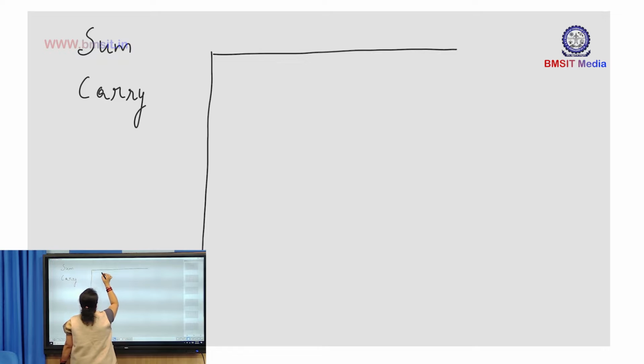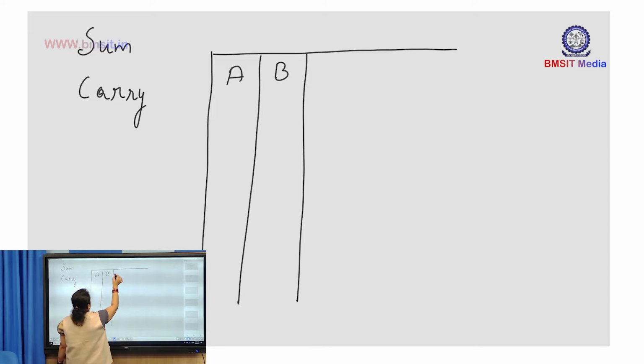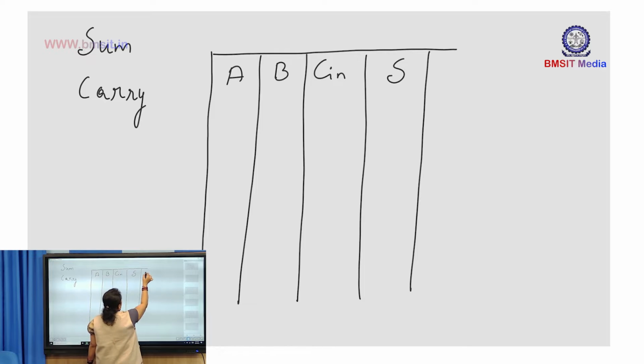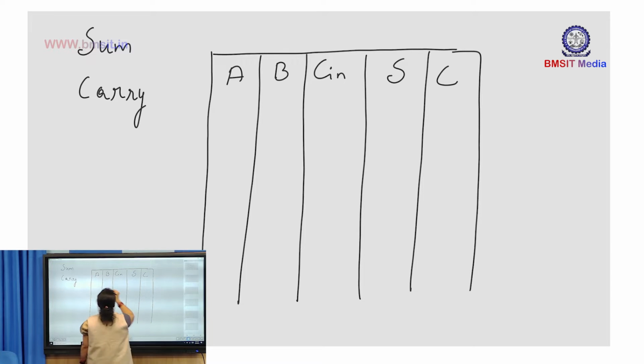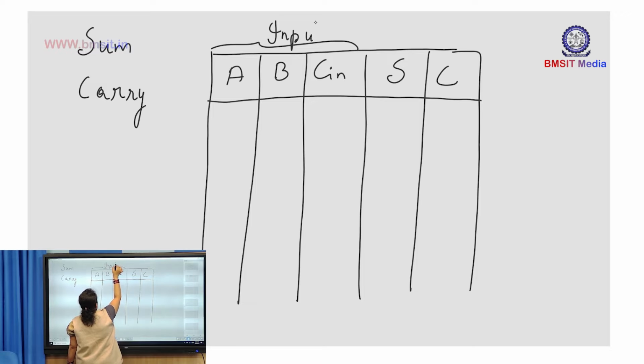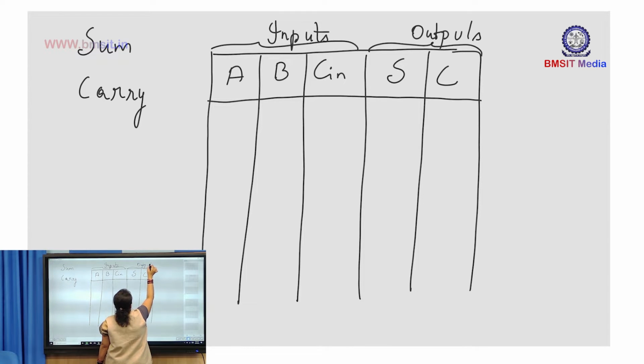So here I will be constructing the truth table. It has both inputs and outputs. I am taking the inputs A, B and C in. Next I am going to take the outputs sum and carry. The first 3 columns represent the inputs and the last 2 columns represent the outputs. As I told you earlier, we have 3 inputs, so we get 8 possible combinations.